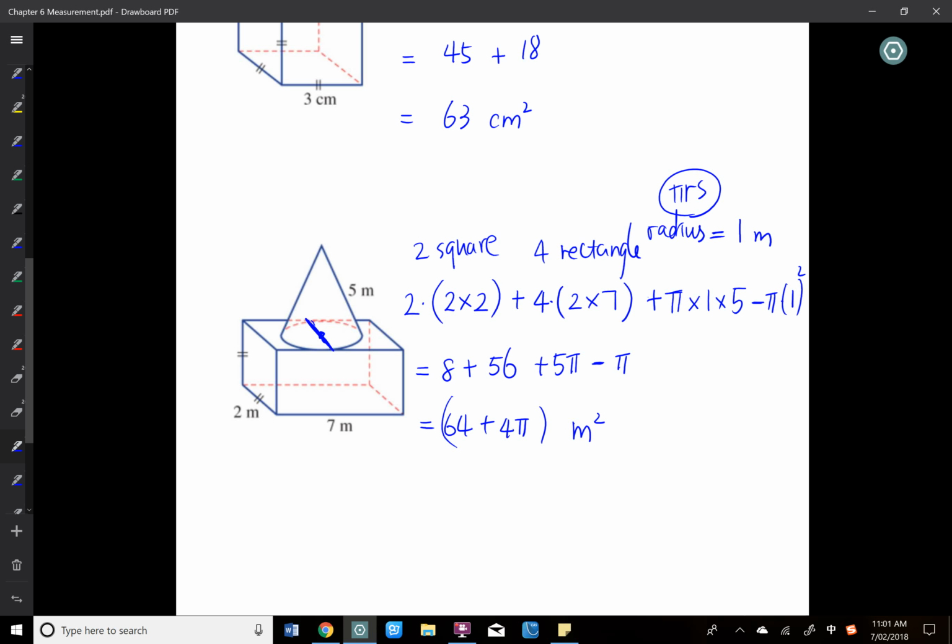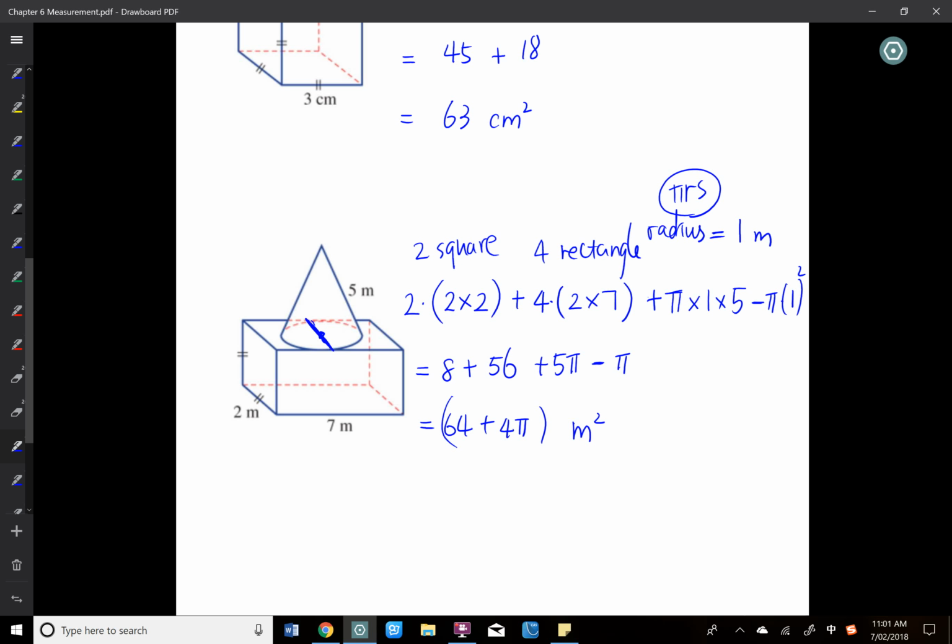So this length is 2. Okay, so the diameter is 2. If you move that to here, the diameter is 2. So we have to halve it to make the radius 1. Okay, the radius is actually 1. So half of the diameter is the radius. Radius is 1. So pi r s is pi times 1 times 5.